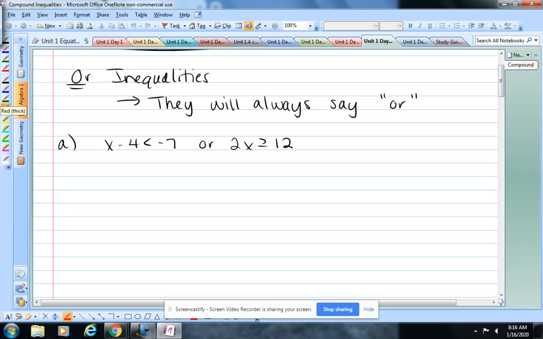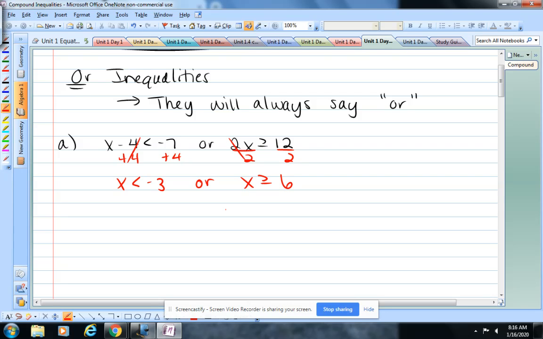How do we solve that for x? Good. So x is less than what? Negative 3. And then, how do I solve the second one? Divide by 2. And x is greater than or equal to what? 6.